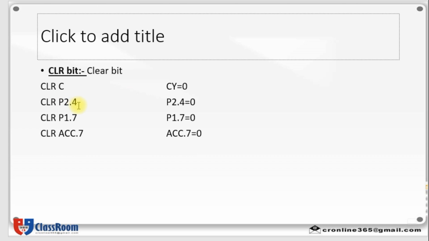P2.4 means port 2, 4th pin, an input output port pin. So that value will be equal to 0. CLR P1.7 means port 1, 7th pin, and that value will be equal to 0. Then CLR ACC.7, that means the D7 bit of the accumulator, and that D7 bit value can be cleared to 0.